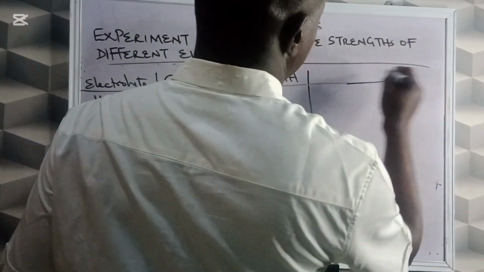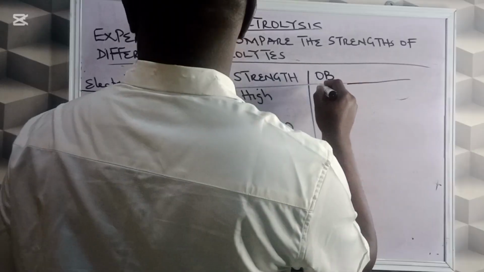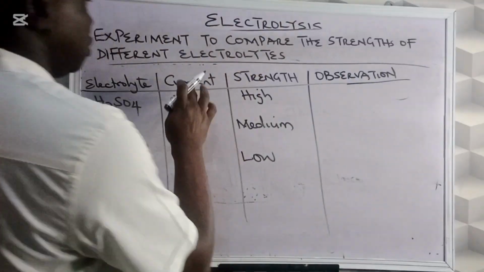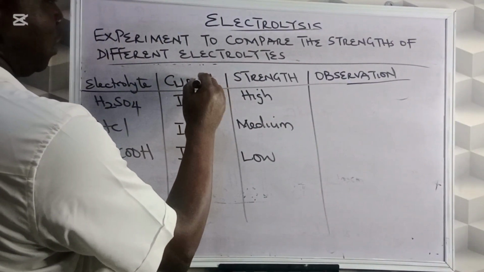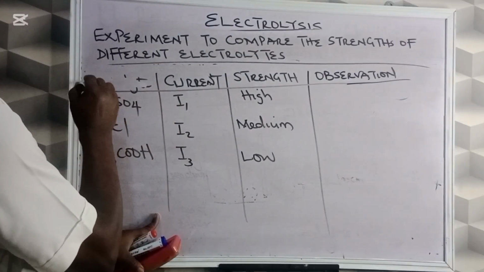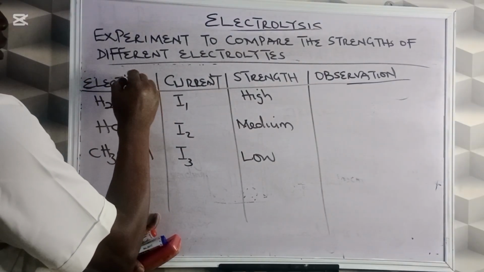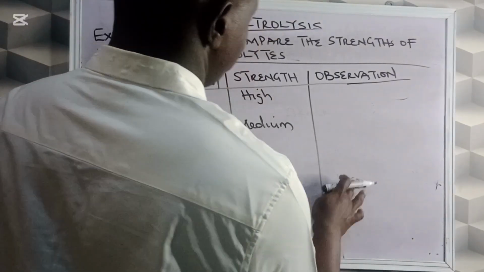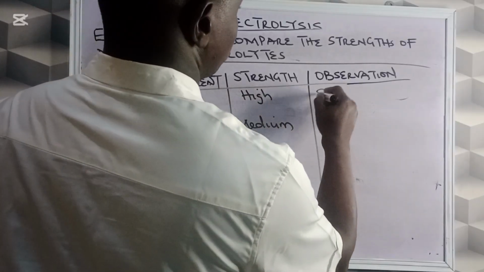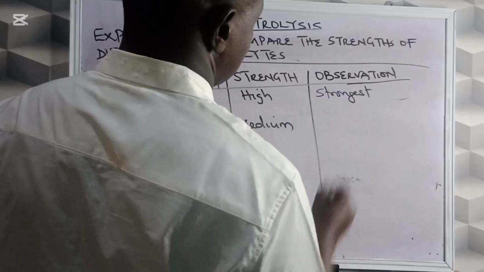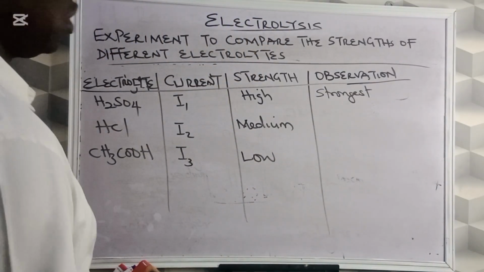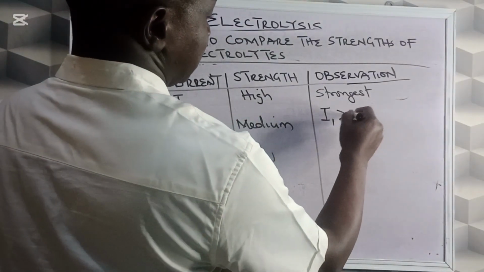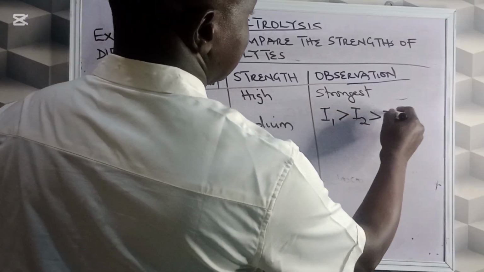So our observation is that this is the strongest of all, followed by HCl, followed by CH3COOH, meaning I1 is greater than I2, and I2 is greater than I3.